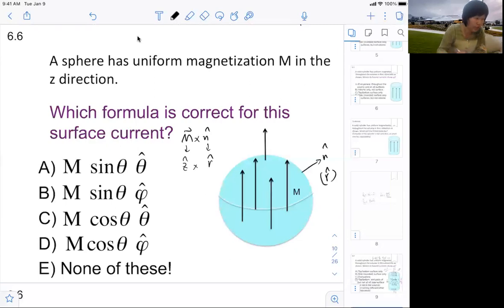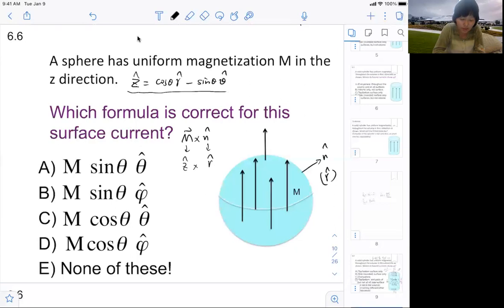I'm going to give you a separate piece of information that you will find useful: we can represent z hat using the r hat and theta hat. It will be cosine theta r hat minus sine theta theta hat. So this extra information will be useful.